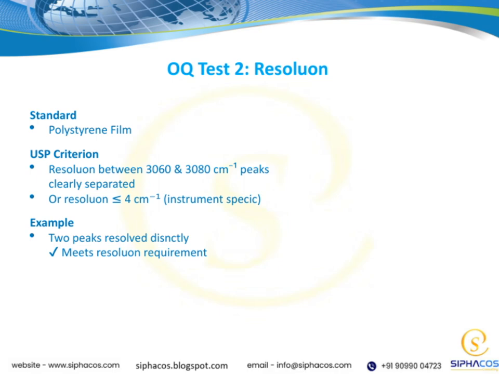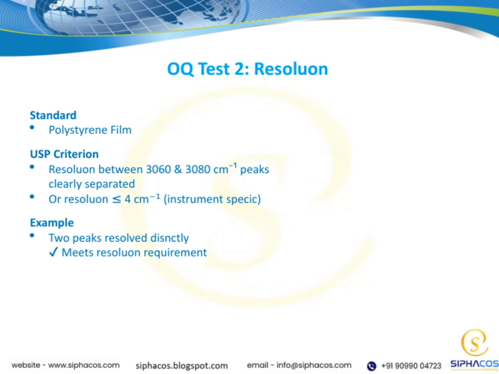To give an example, if you observe two peaks that are distinctly resolved and separated, then you meet the resolution requirement. This is a good indicator that the test is successful and that the instrument is functioning properly. Overall, achieving proper resolution is critical because it ensures accurate identification of peaks, which is essential for reliable analysis and quality control.